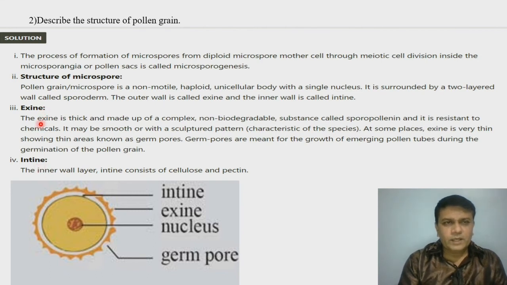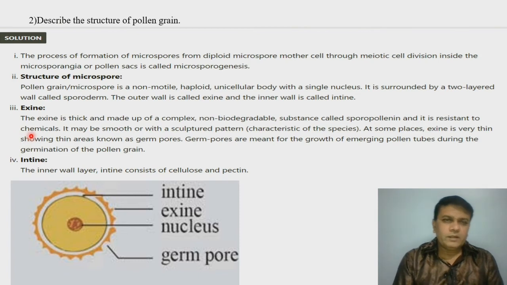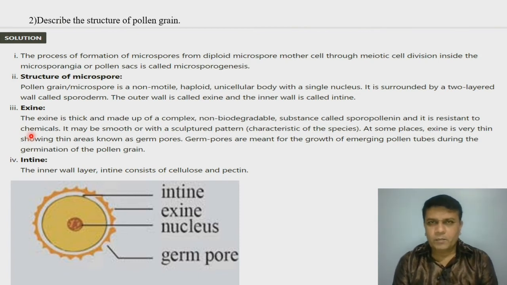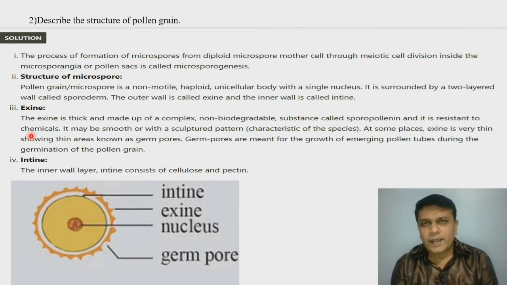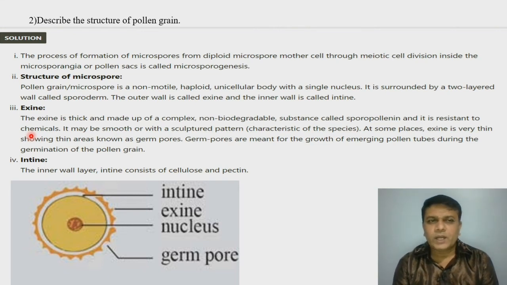Now the exine is thick and it is made up of a complex non-biodegradable substance called sporopollenin, and it is resistant to chemicals. That means this sporopollenin protects the pollen grain from chemical as well as biological decomposition.